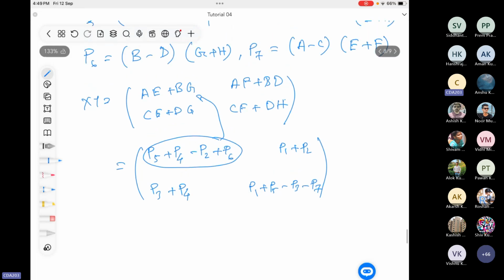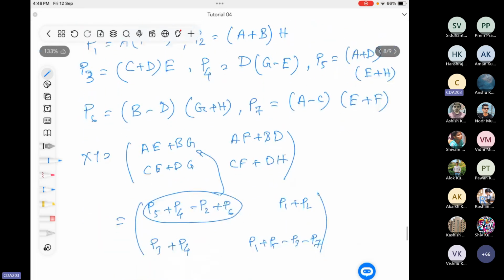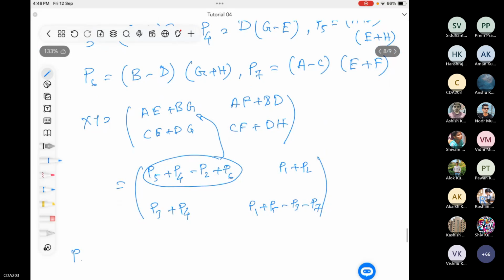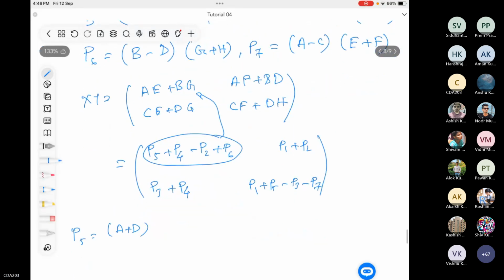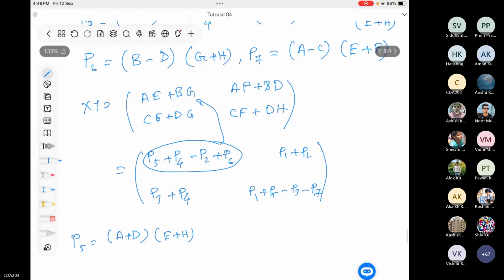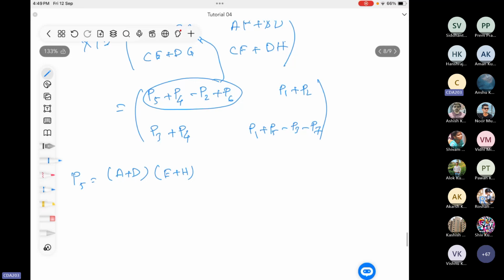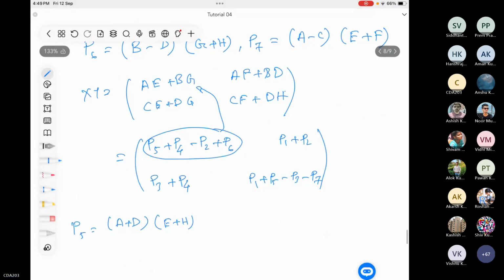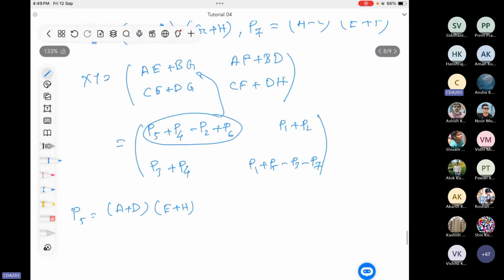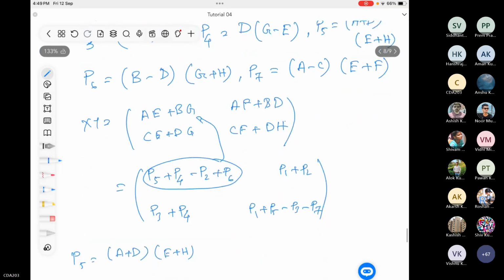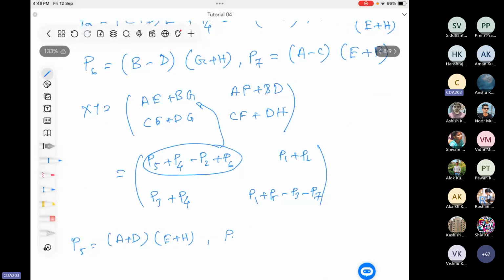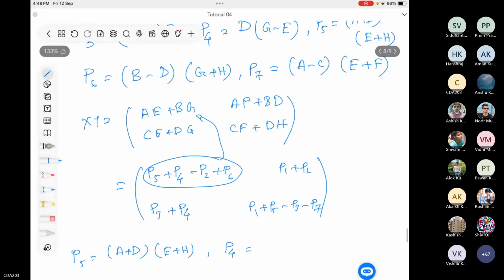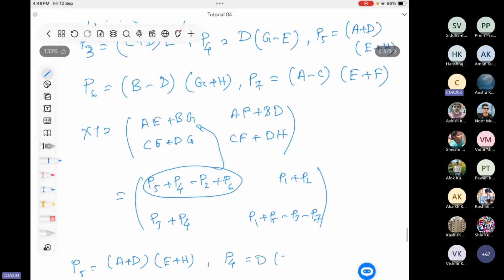And that's a simple computation. Let me write it, it's long.